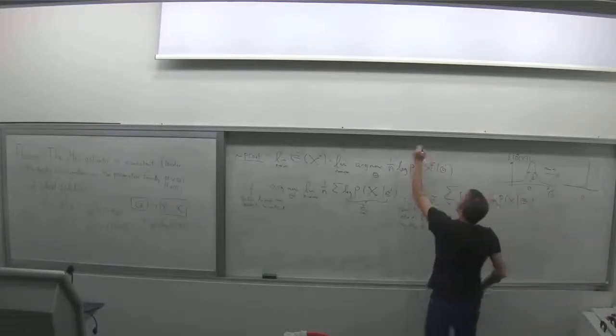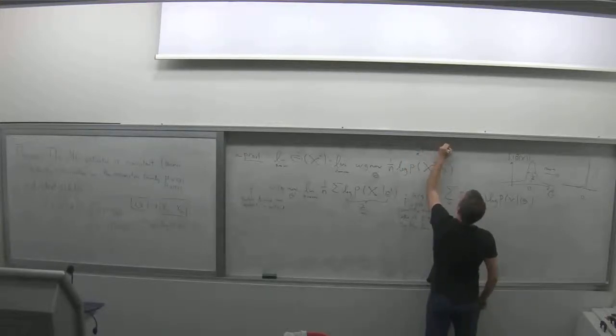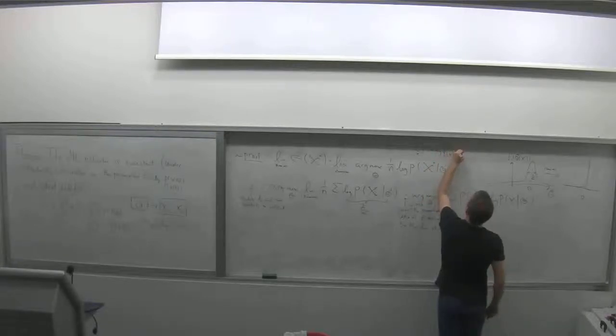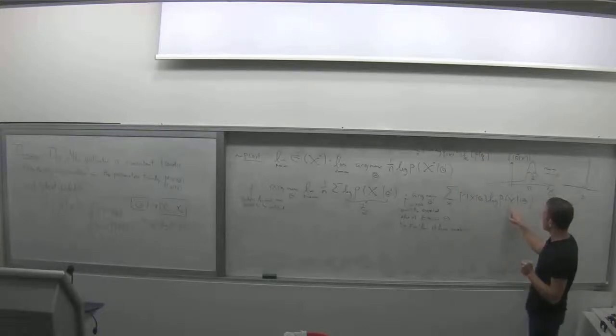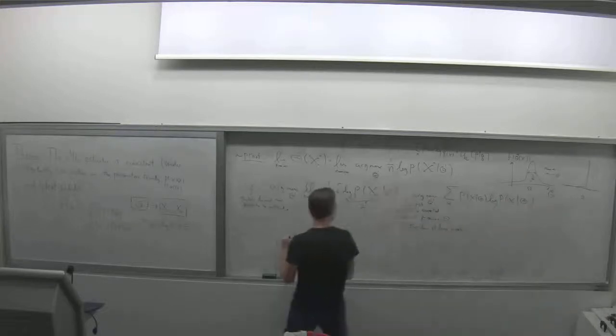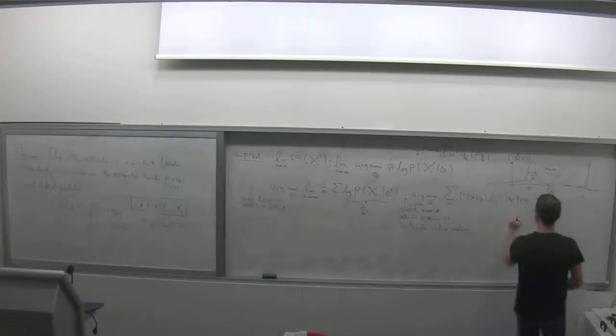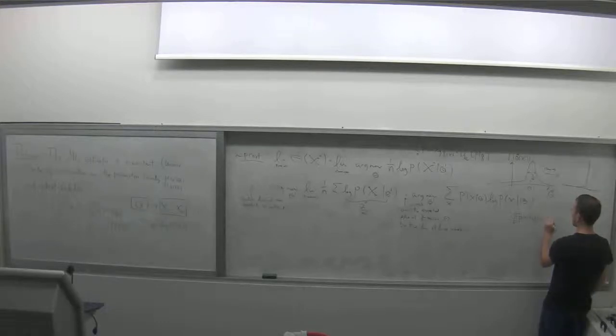So the sum over x of P of x log of P of x over Q of x is exactly the DKL between P and Q. But here we have something a little different. We have P log Q. So let's think of what is P log Q. Let's write it here. The sum over x of P of x log Q of x is like minus the sum over P of x log of P of x over Q of x.